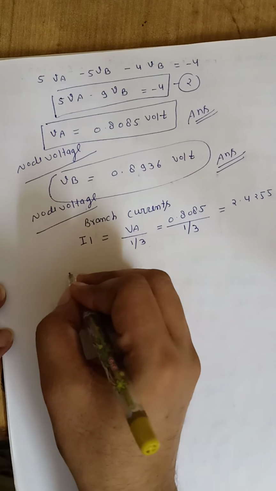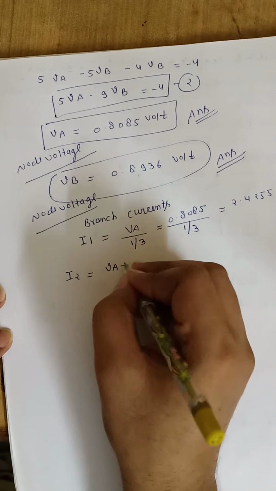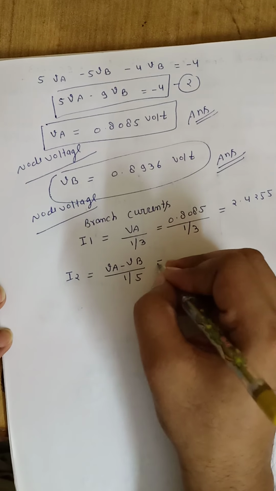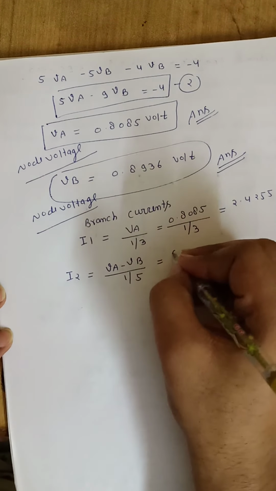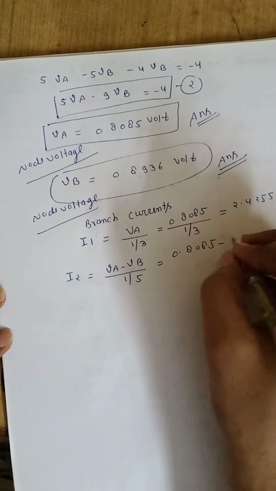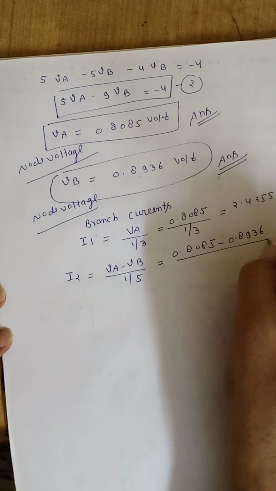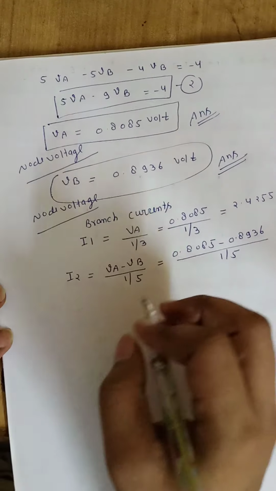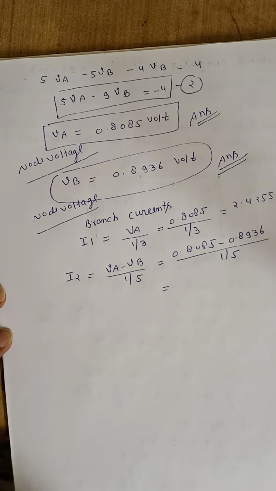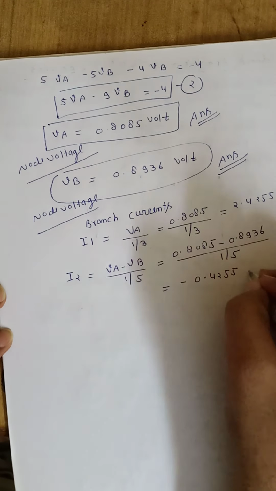Second branch current I2, we have already seen, is given by VA minus VB divided by 1/5. Let us put the value of VA, it is 0.8085, and the value of VB, it is 0.8936, over 1/5. After simplifying with the calculator, we have I2 equal to minus 0.4255 ampere.